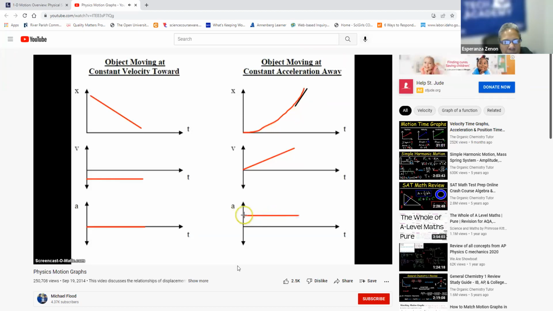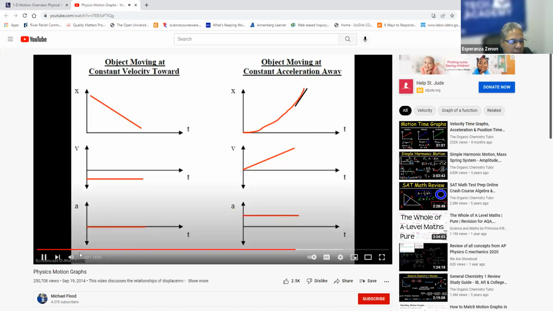So whatever that acceleration would be is the y-intercept for this line, and it's a horizontal line above the t-axis because acceleration is positive. Notice this set of graphs is very different, especially where the position is concerned, from the other graphs you've looked at.